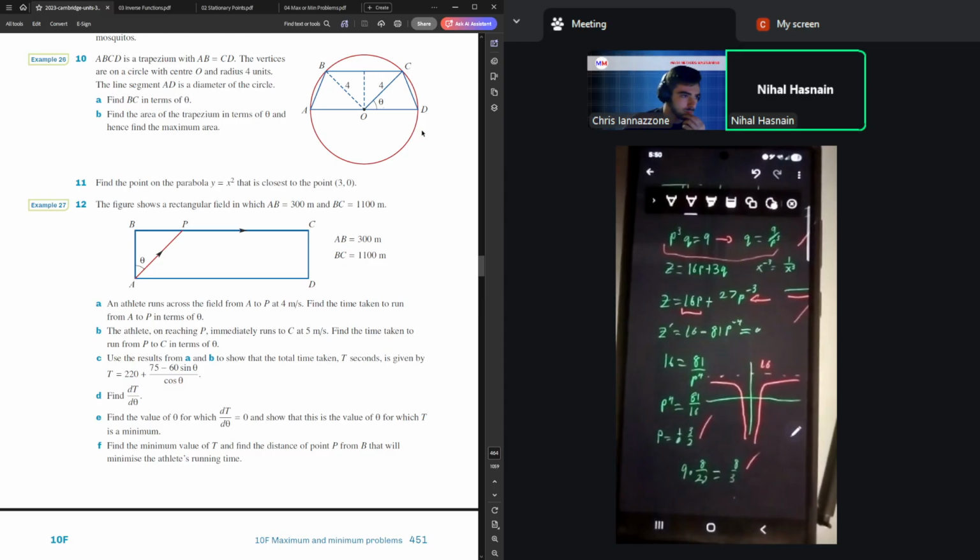So A, B, C, D, trapezium. Okay, so BC in terms of theta.